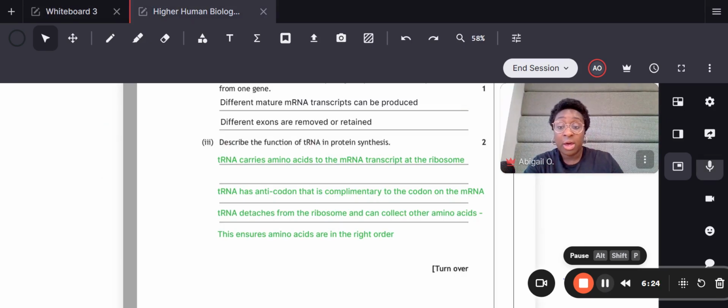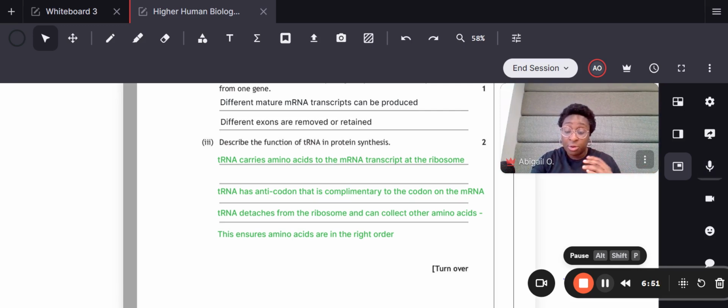The mark scheme gives three possible concepts they want you to touch on in order to get those 2 marks. You don't have to mention all 3, it's any 2 of those 3 concepts. The first concept is that tRNA carries amino acids to the mRNA transcript that is going to be at the ribosome. So you get a mark for describing the fact that tRNA carries amino acids. You'll get a mark for saying that tRNA has an anticodon that is complementary to the codon on the mRNA.